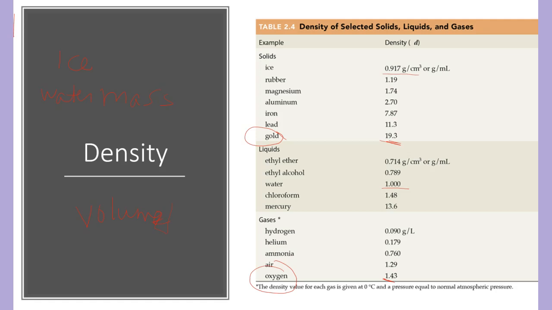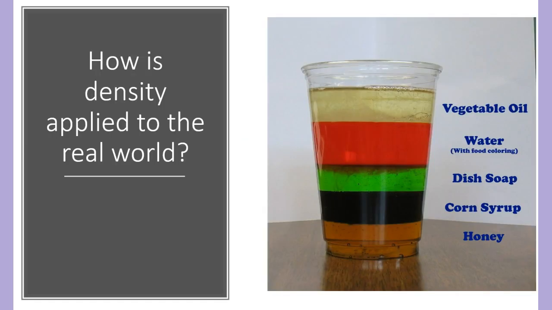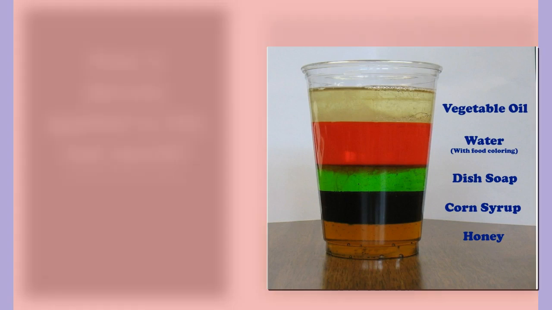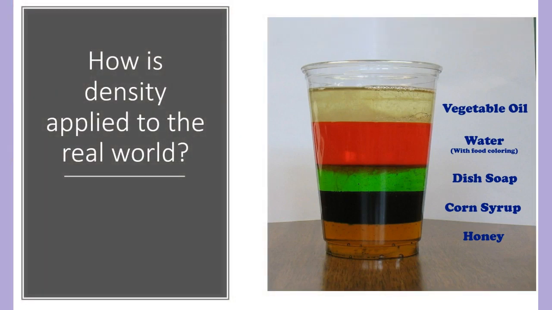Okay? Let's take a look at another example. Here is how density can apply to the real world. You'll notice here that you have vegetable oil on top, water is in the second layer, dish soap is the third layer, corn syrup is the fourth, and honey is on the very bottom. If I were to ask you to write a sentence on what you observe, what you could easily say is that the honey is more dense than, let's say, the vegetable oil.